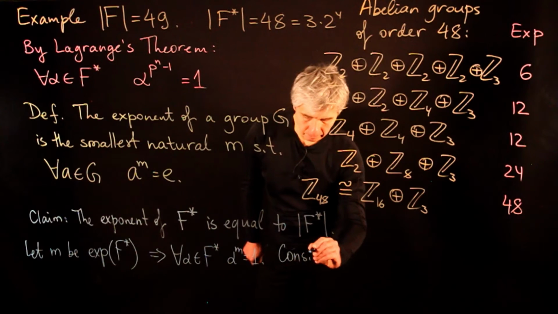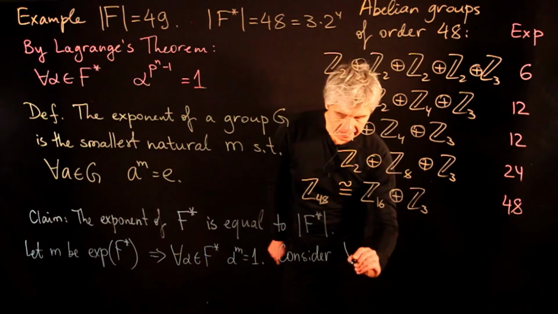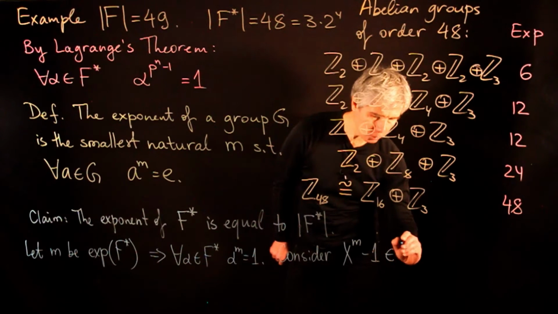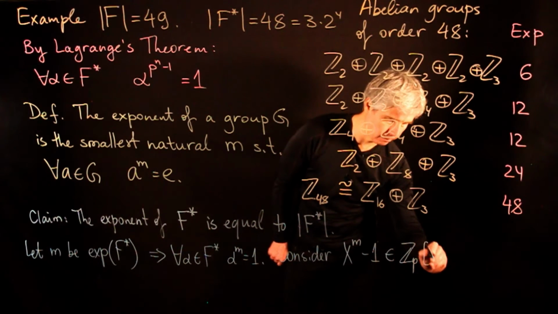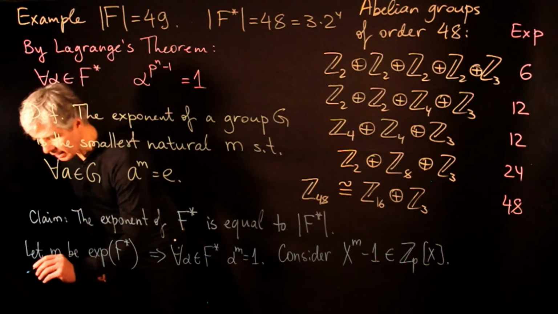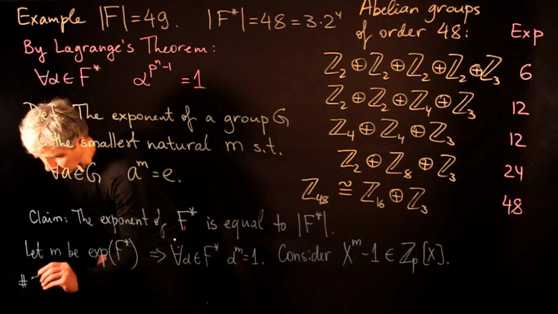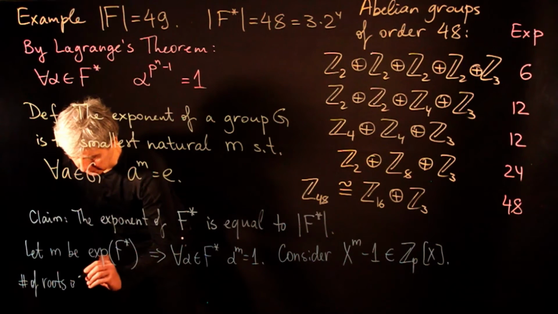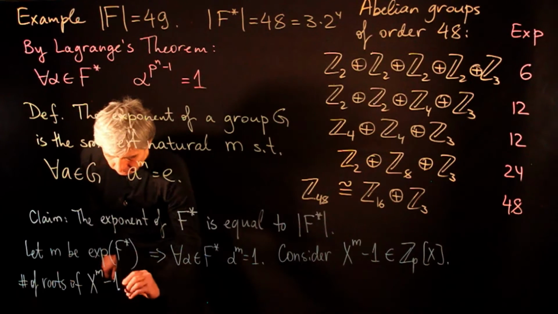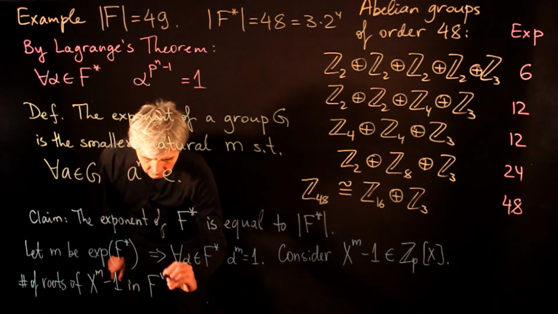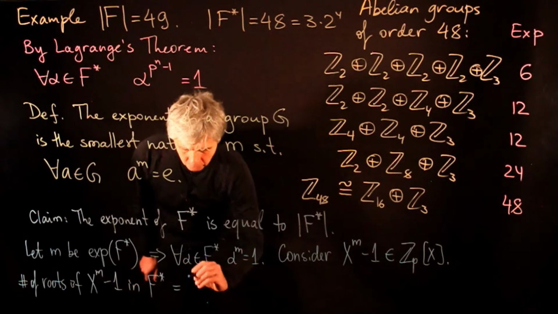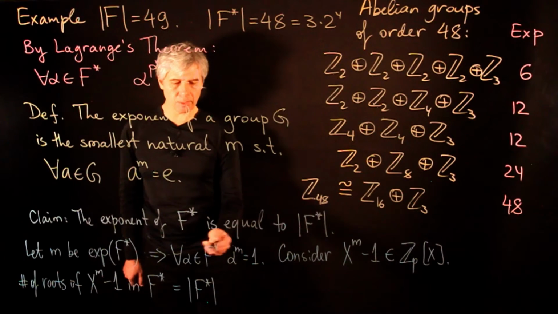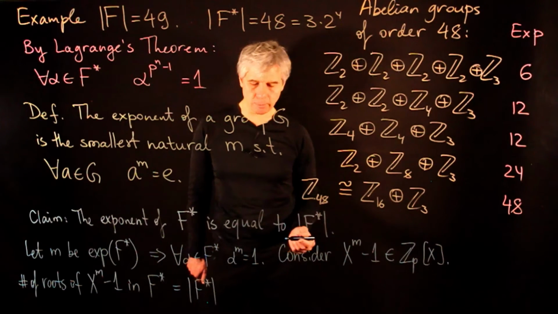Consider the following polynomial, x to the power m minus 1, and view it as a polynomial in Zp of x. We see that the number of roots of this polynomial in F star is equal to the order of this multiplicative group, because every element of the multiplicative group is a root of this polynomial.